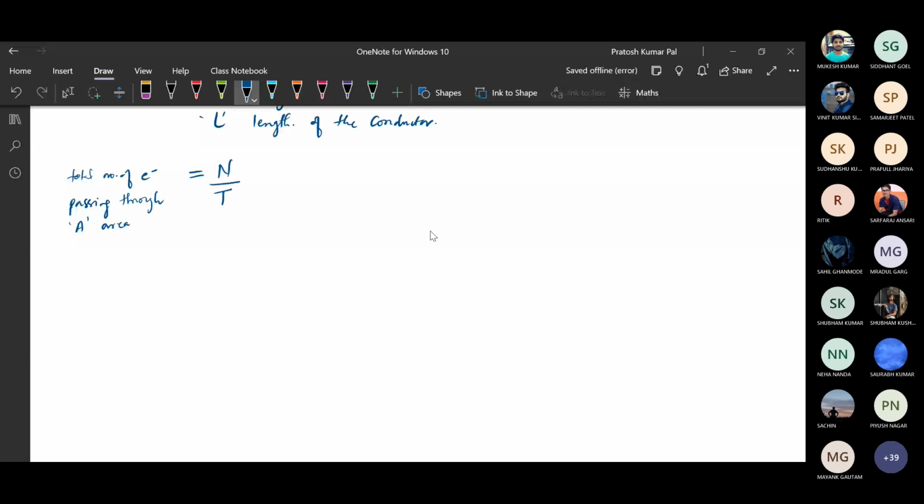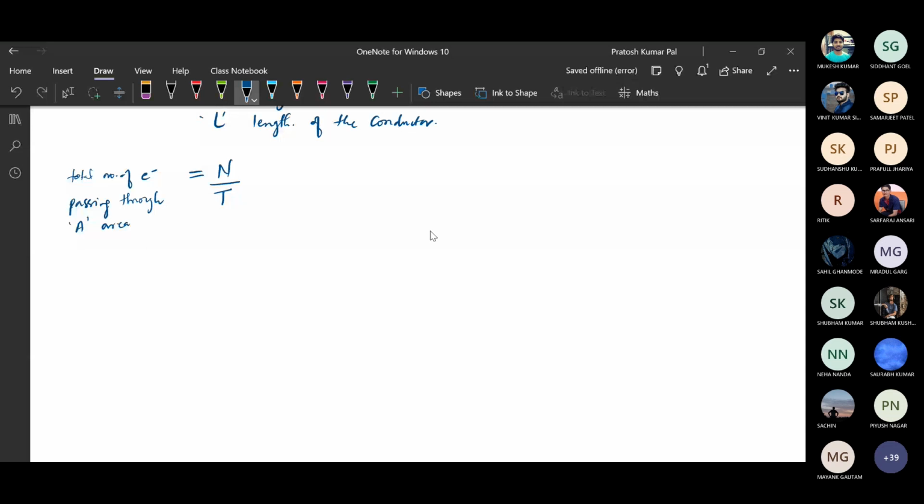So the total charge passing through the cross-sectional area A will be n multiplied by q divided by t.